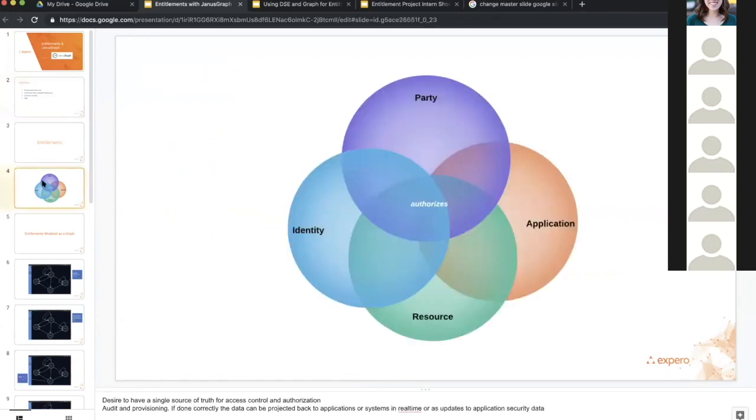So for me, entitlements is really about the intersection of parties, and parties may be people, or they may be organizations, or they may be other structures that own or maintain applications and access to resources.